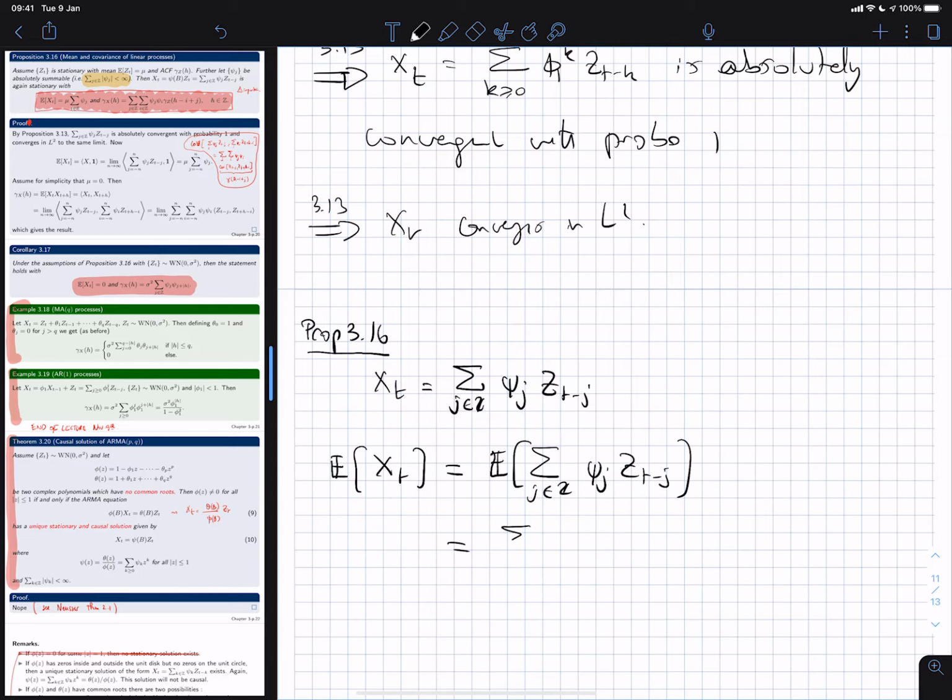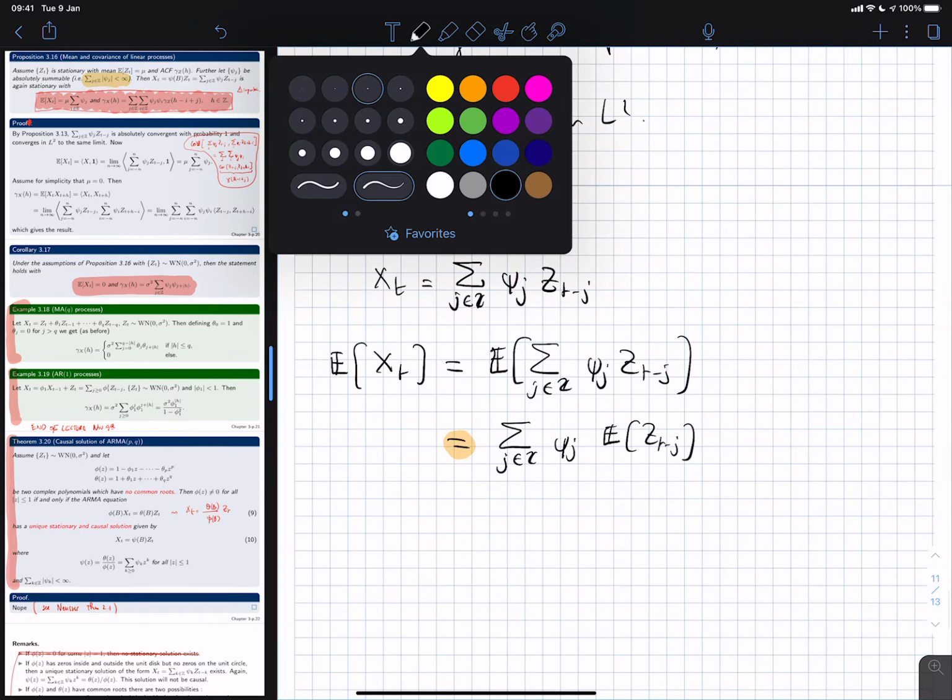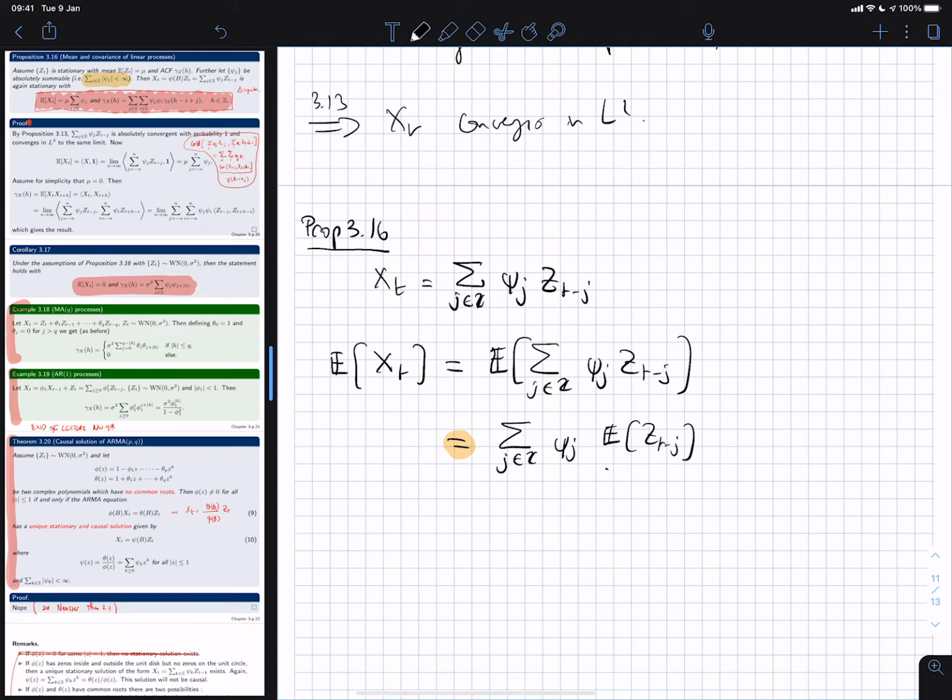So I exchange, so it's here that I have to be careful, this is the dangerous step. It's when I'm exchanging the sum and the expectations. If my process Z_t is stationary, it has a mean which does not depend on the time, so we're left with this.